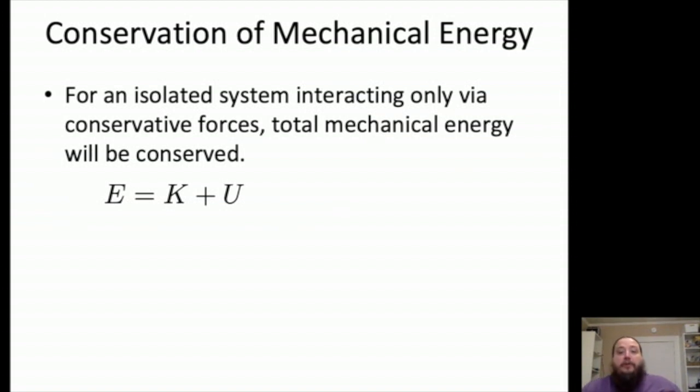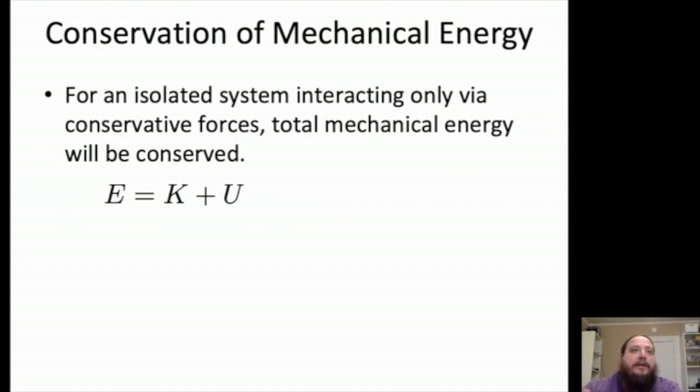What this means is that there's a total amount of energy, which is what you get when you add up the potential energy of all of the forces that are conservative forces acting on our system, and add it to any kinetic energy of that system. If that's conserved, then that means that this value for the total energy of the system will be the same number any way you add it up.